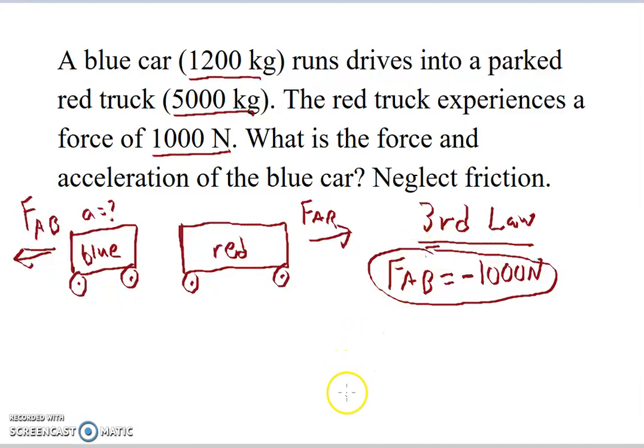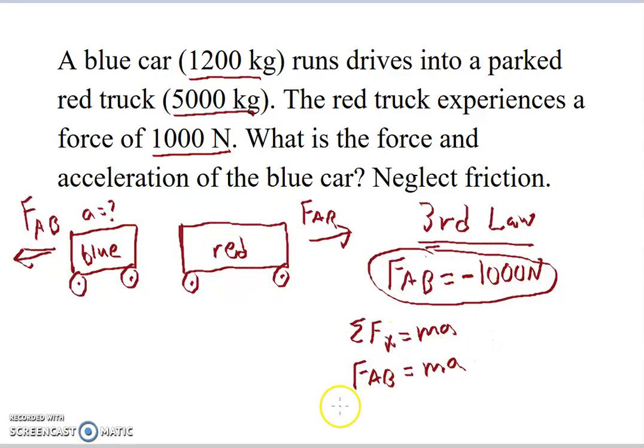And then the second part is asking, what's the acceleration of the blue car? To do that, we're going to write out the net force in the x. There's really only one force to worry about because there's no friction, the applied force on the blue car. It's equal to mass times acceleration.